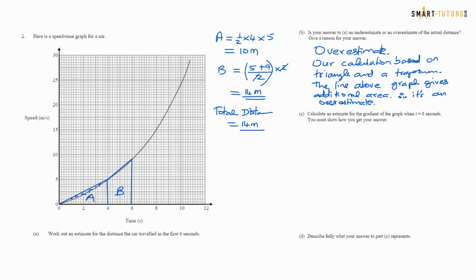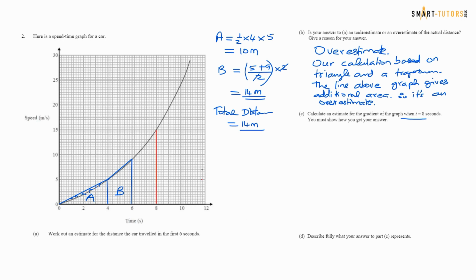C part, calculate an estimate for the gradient of the graph when t equal 8 seconds. You must show all your working. Let me change to red color. So t equal 8 means you need to draw a straight line using a ruler until it cuts the graph somewhere there.